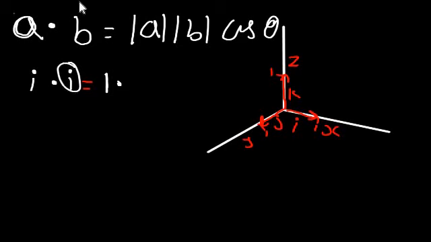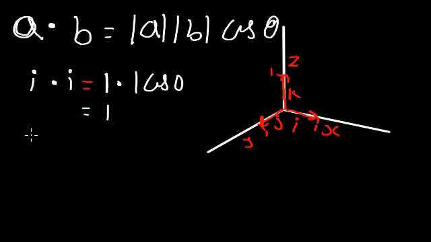Similarly, the magnitude of the second one will still be 1. Now, what will be the angle between them? Since the unit vector i is parallel to itself, the angle between them will be 0, cosine 0, and this will eventually become nothing but 1.